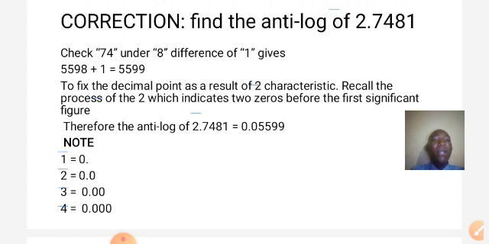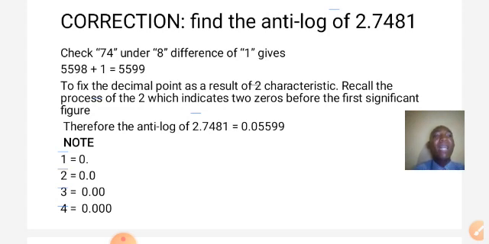Therefore, there will be 0.0 before the number we got from the anti-logarithm table. So the anti-logarithm of bar 2.7481 will give us 0.05599.